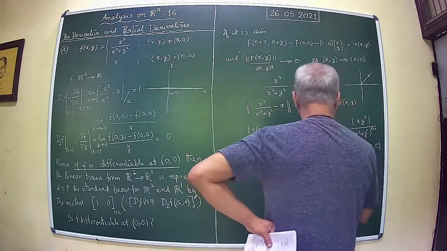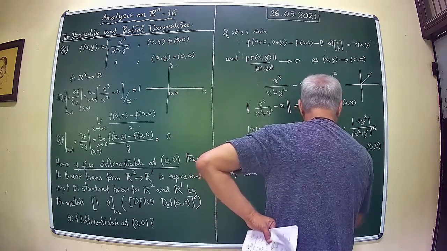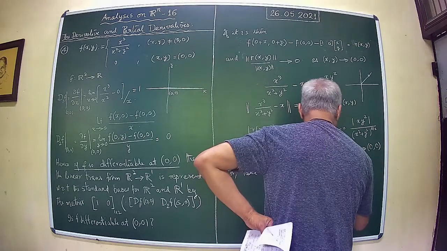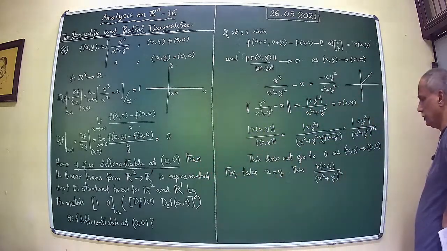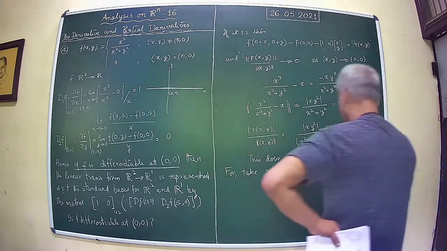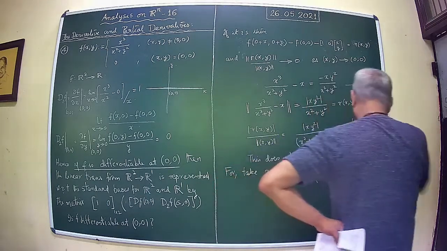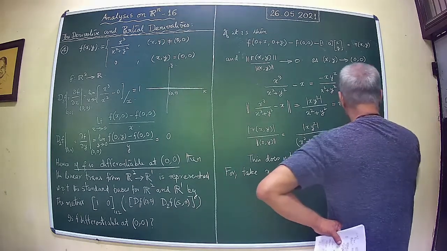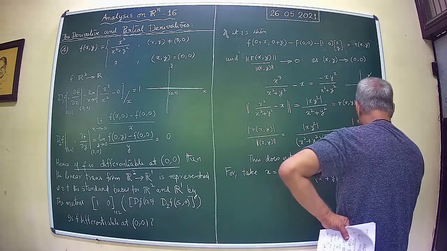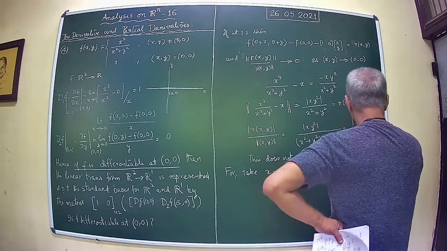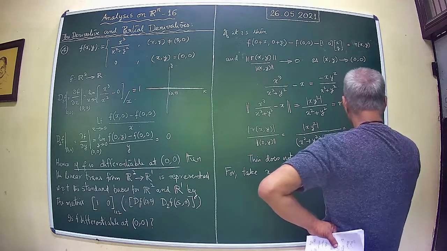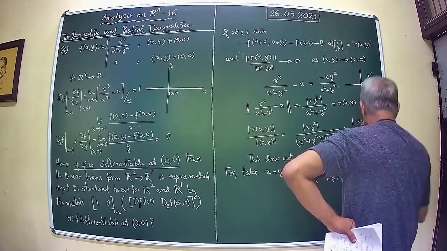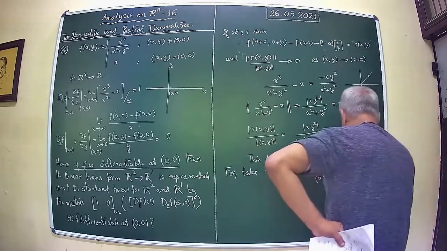Then the error term, that is R(x, y), divided by the norm of (x, y), is equal to x cube divided by x square plus y square with x equal to y. So it is going to be 2 times x cube over a power of 2x square.